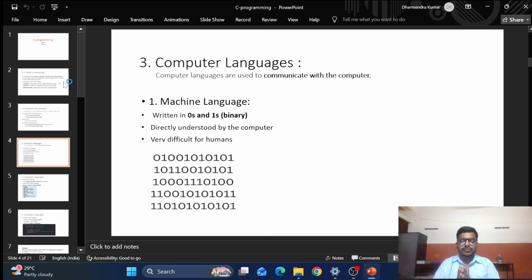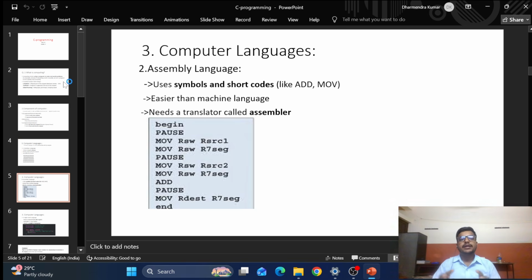So the second one is assembly language. Assembly language uses mnemonics to write any instruction, mnemonics like add, mul, sub for subtraction.